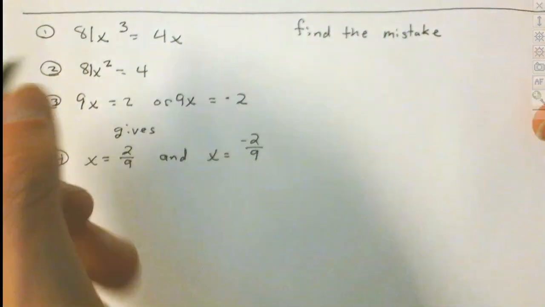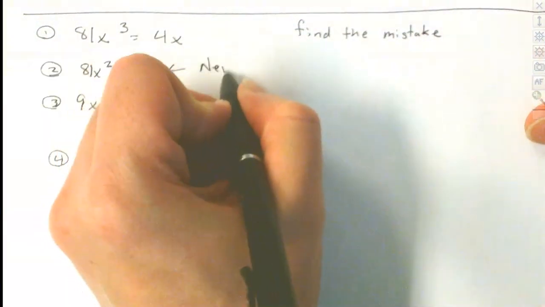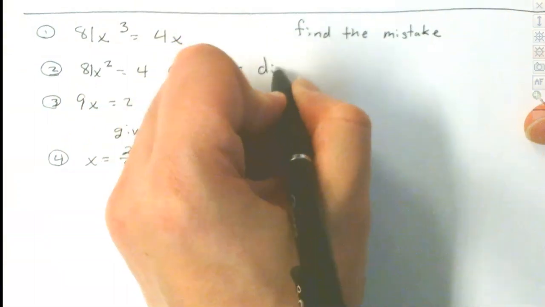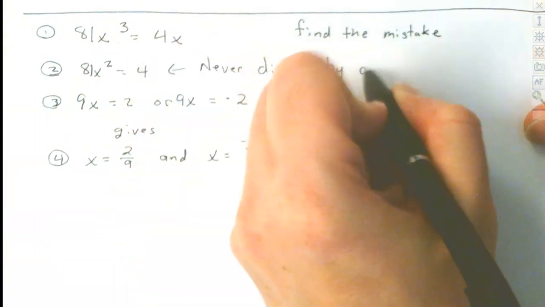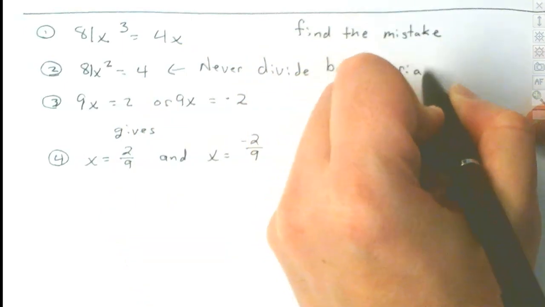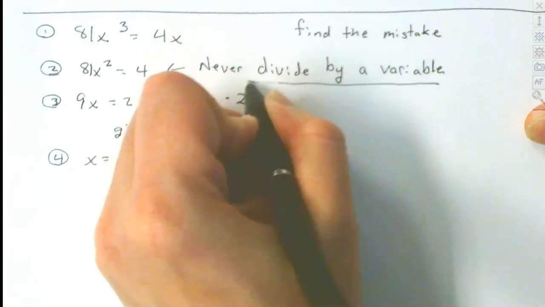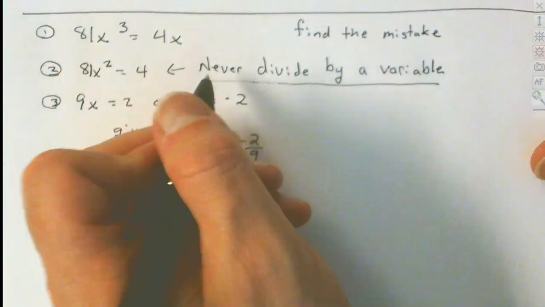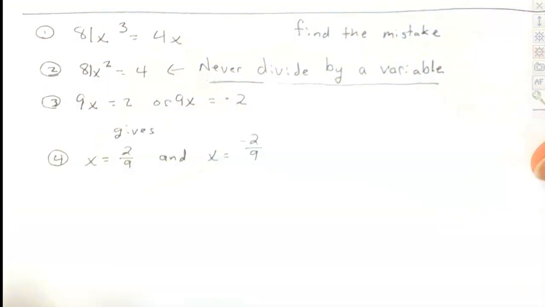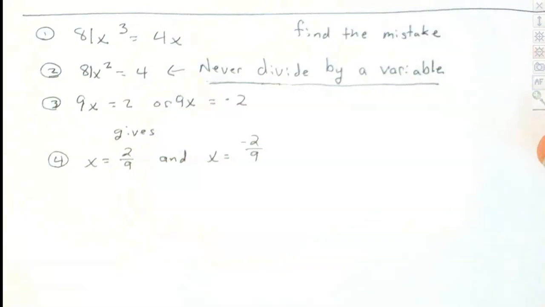The mistake is here. You can never divide by the variable. If you ever divide by a variable, you will lose a solution when solving. So how do you make sure you don't lose one? You set it to 0 and you factor.